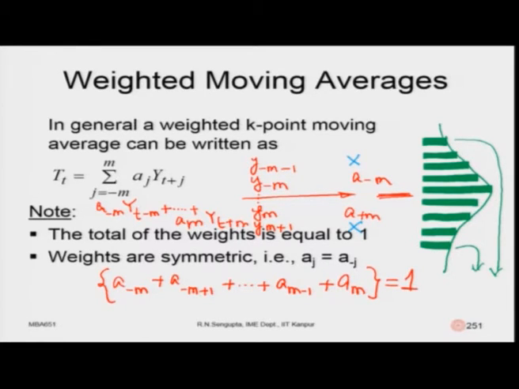Because it is a convex combination of the weights we are putting such that you are able to achieve your objective considering normal distribution is true and you find out the weights in such a way that they give you the best prediction. Weights should be symmetric.